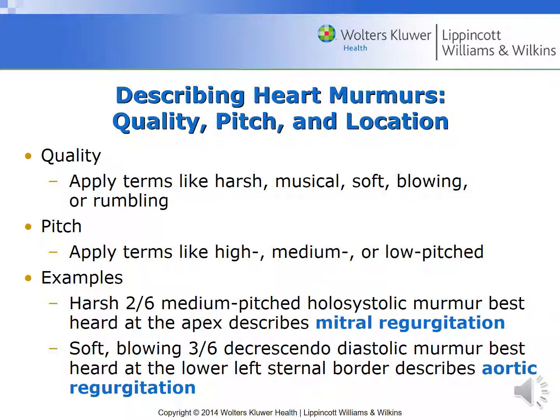Be able to grade the intensity of the murmur, again 1 to 6, where 4 to 6 must have a palpable thrill. Identify associated features, such as the quality of the S1 and S2. Is there any extra sounds, like an S3 or S4? Is there an opening snap or the presence of an additional murmur? And of course, be sure you're listening in a quiet room.